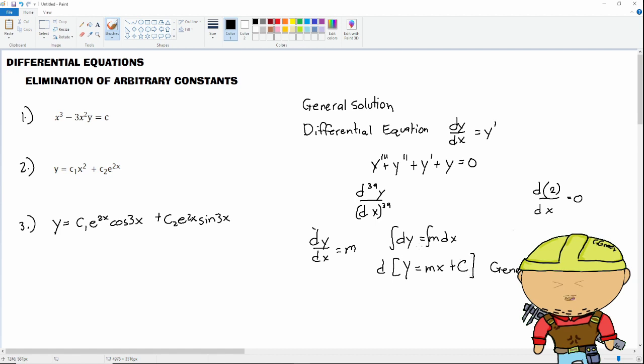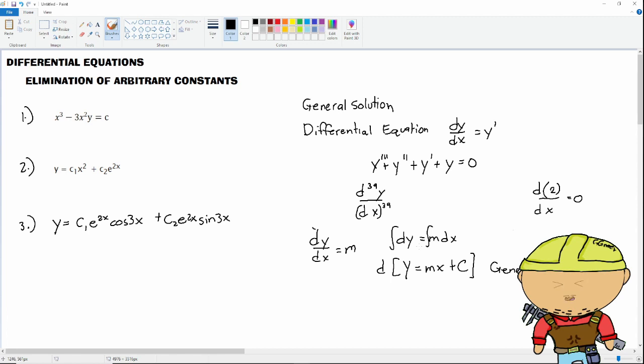And why do we need to eliminate the arbitrary constant or differentiate your general solution? Because as the general solution satisfies your differential equation, the differential equation also describes the behavior of your general solution.